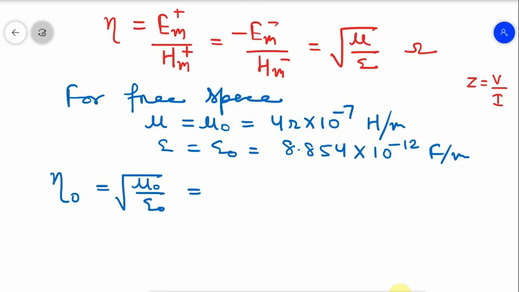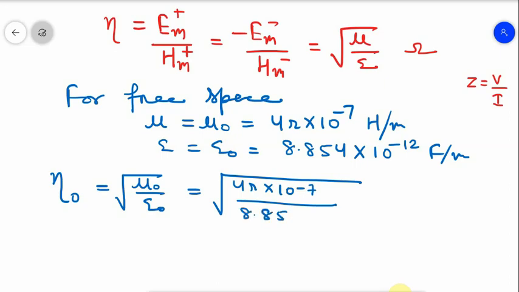If we put these values, in place of mu 0, 4 pi into 10 to the power minus 7, and for epsilon 0, 8.854 into 10 to the power minus 12, and if you solve this, you will get 377 ohm.